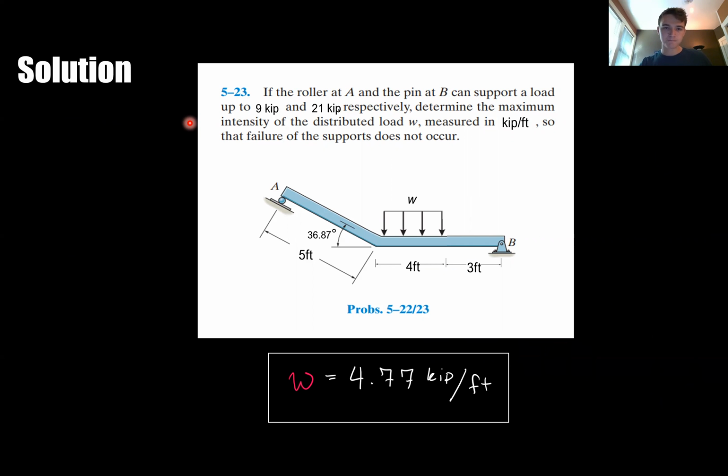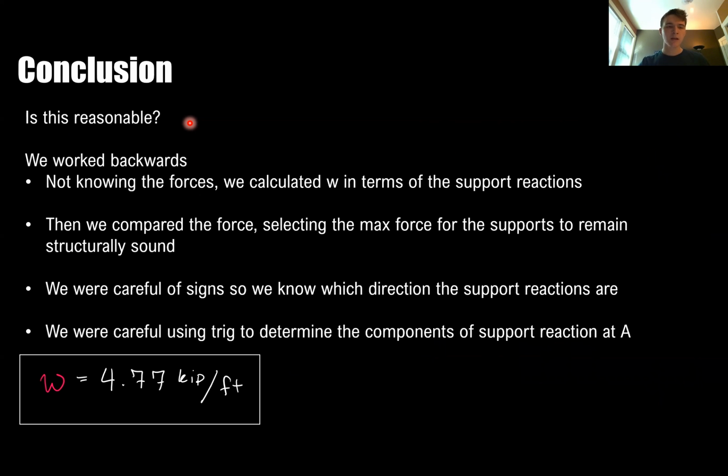That's what we found. And now just to summarize, in conclusion, is this a reasonable value? And I believe it is. If we checked our work and worked forwards this time using the distributed force, we would find that the supporting force at A is less than 9 kips, and at B, it would be less than 21 kips. So both supports would be structurally sound.